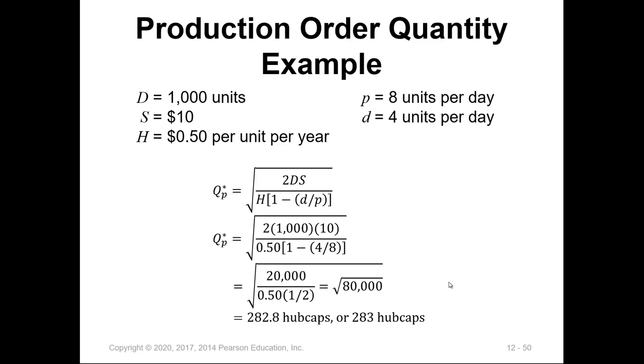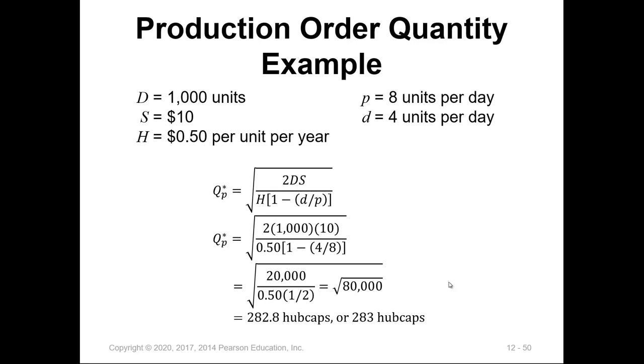The company would like to solve for the optimum number of units per order, knowing that the setup cost is $10 per order, the holding cost is 50 cents per unit per year, and the number of working days per year is 250 days. We can find the optimum number of units using the formula.